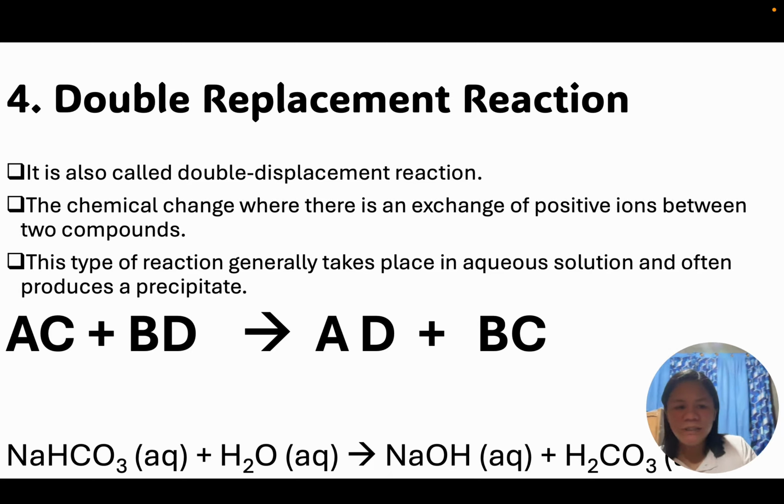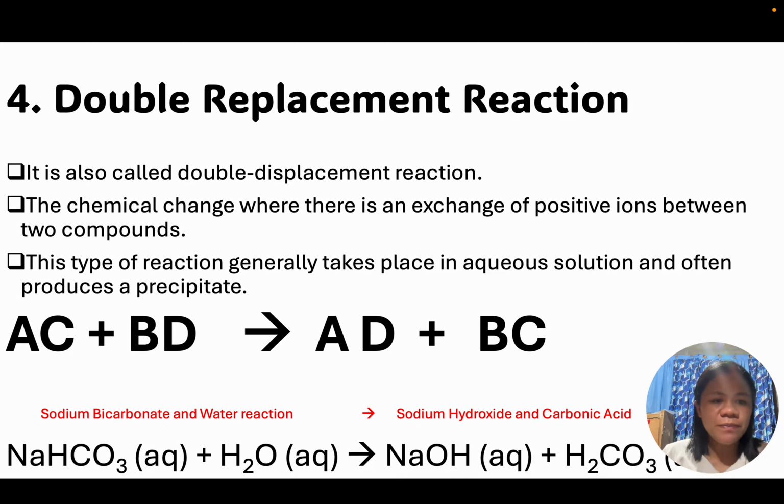One example here is the sodium bicarbonate and water reaction. The resulting products are sodium hydroxide and carbonic acid, still in aqueous solution. So the cation sodium and the hydrogen change places and associate with the other anions, the OH and the HCO3.